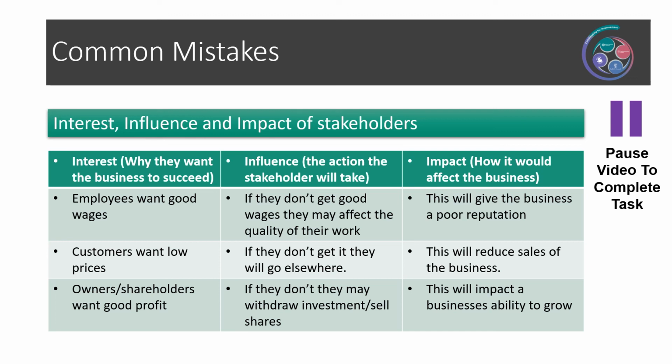The owners and shareholders want good profit, and if they don't, they may have to withdraw investment or sell shares. This will impact on the business because it will affect the company's ability to grow. Now again, just to reinforce that it has to be obvious which stakeholder that you're talking about, so you really need to be naming the stakeholder.